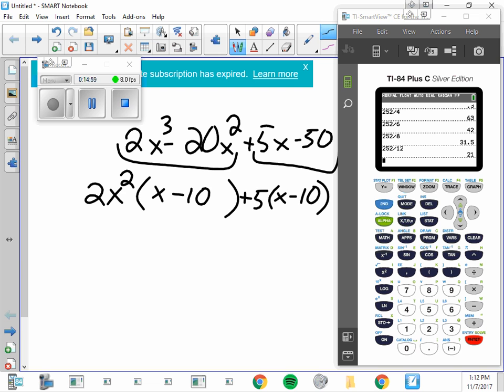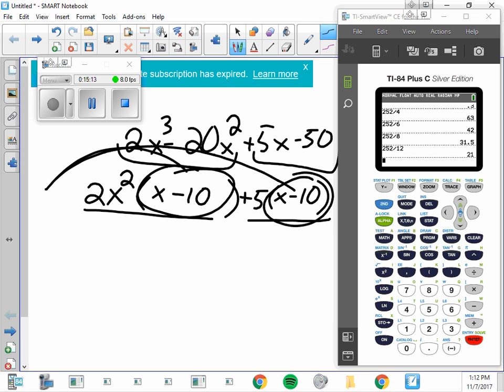X minus 10. And then, what does this have in common with this? X minus 10. So I'm going to grab the x minus 10 and pull it out front. So I yank out the x minus 10, and what's left? 2x squared plus 5.